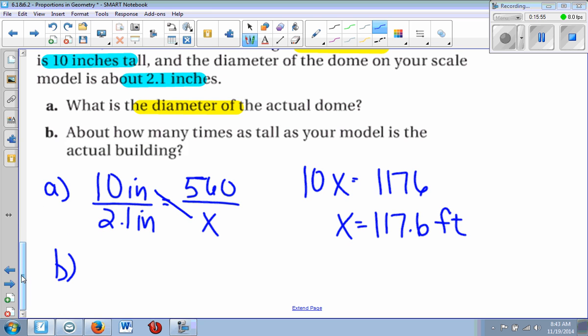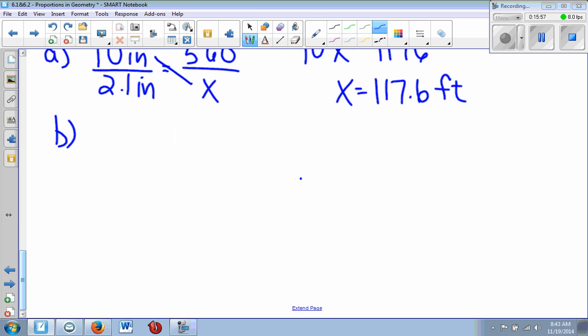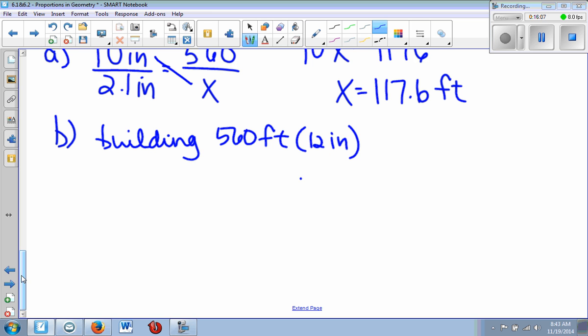So the building height is 560 feet. Now in order to change that into inches, there's 12 inches in every foot, so I'm going to multiply by 12. So 560 multiplied by 12 is 6720. That's how many inches tall that building is.